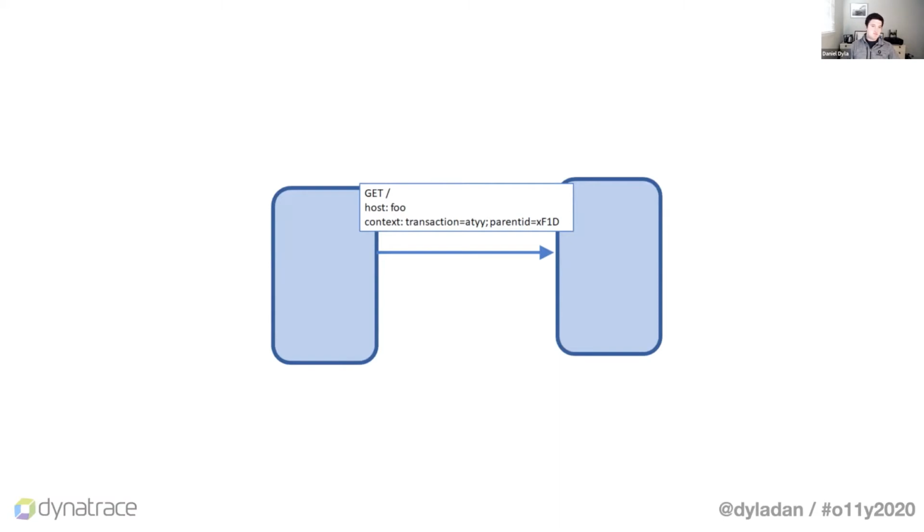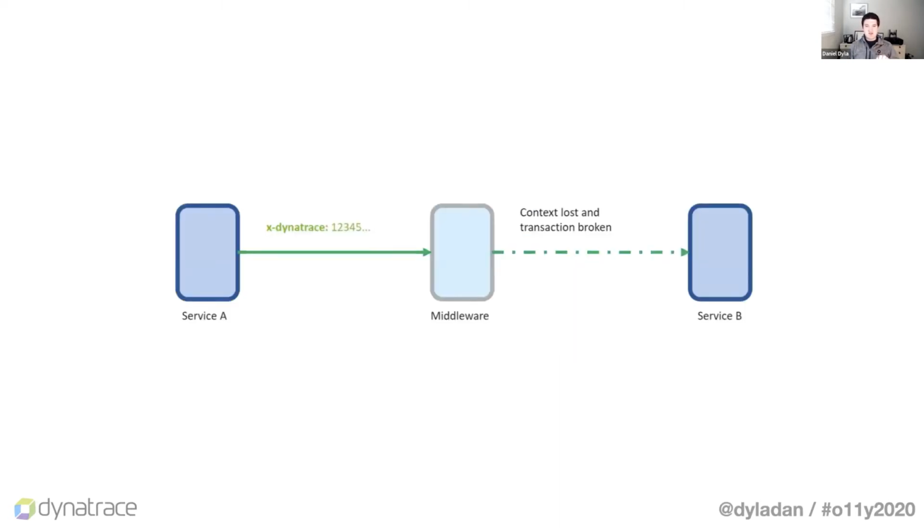In non-HTTP use cases, you have other ways to do this, but we're going to focus on HTTP for now. Here we can see transaction equals ATTY, that's like a trace ID, and then parent ID, that's an ID that represents the span. The issue with this is that every vendor has their own proprietary tracing header, and other systems may not recognize them.